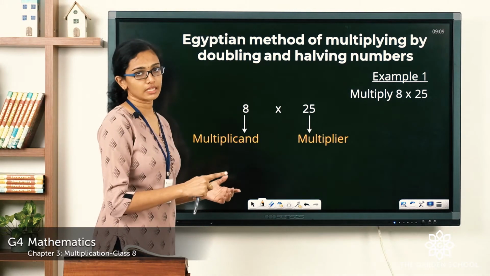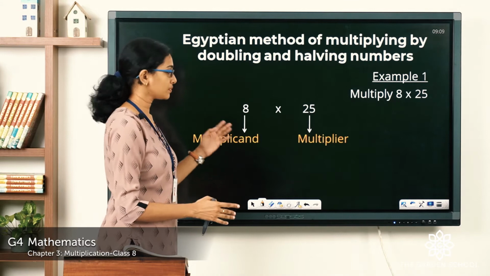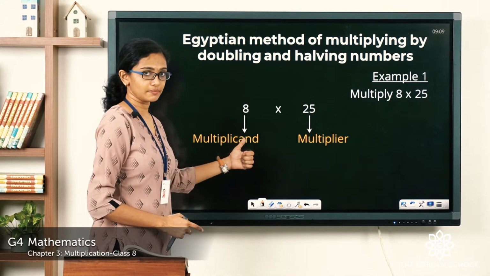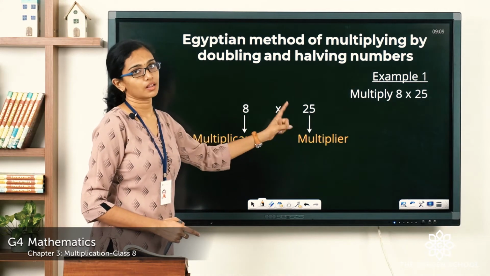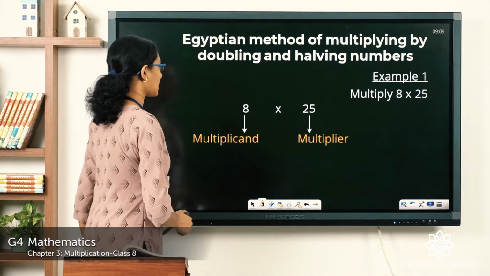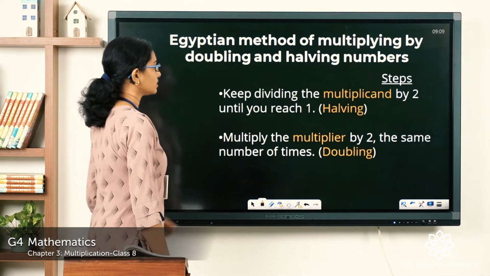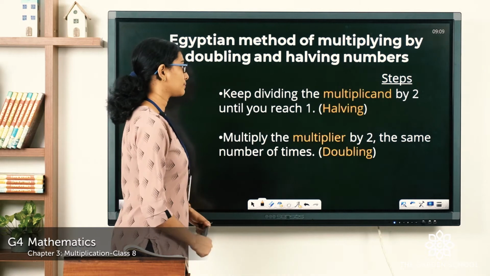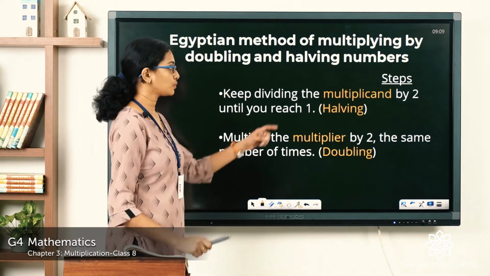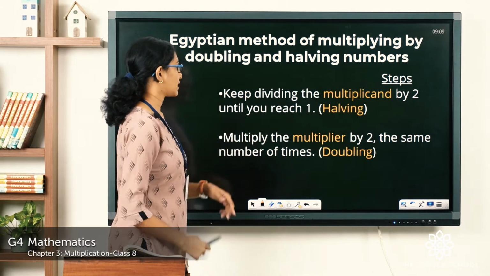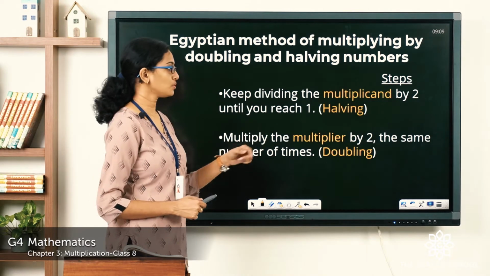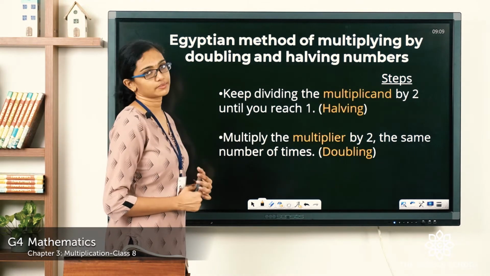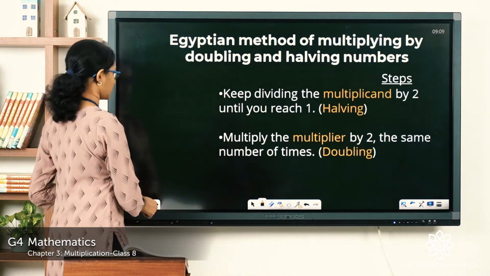And simultaneously, at the same time while you are halving the multiplicand, you have to double the multiplier. Let's see how we can do that. You have to keep dividing the multiplicand by 2 until you reach 1, which is halving, and multiply the multiplier by 2 the same number of times, which is doubling.